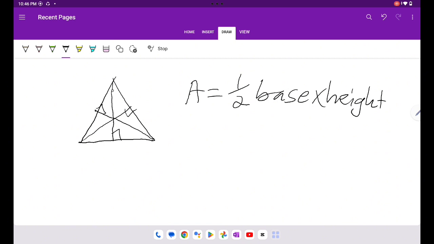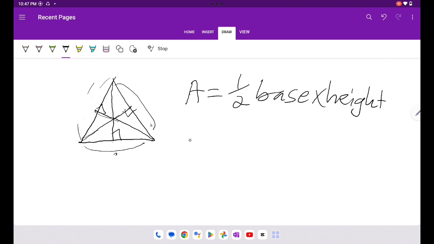If this is the height, then this is the base. But if this is the height, then this is our base. Whilst if this is the height, then that's the base. So we can have a height either way, and then we have that base. That's if we have an acute angled triangle.